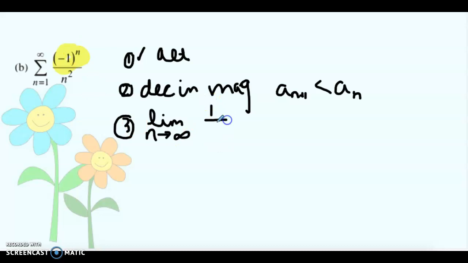So 1 over n squared, our a sub nth term. So as we're taking a look as n goes to infinity, this does happen to equal 0, which means this converges by the alternating series test.